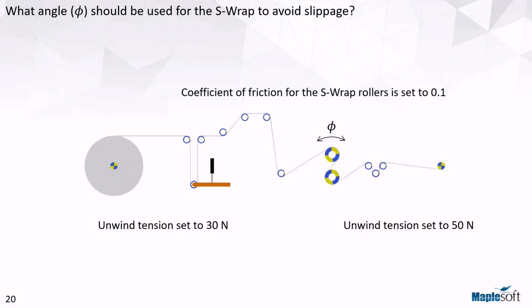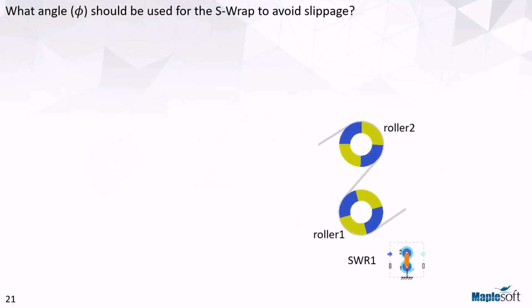So we have set up for the system the unwind zone at 30 newtons and the rewind at 50. Obviously, the tension difference, the wrap angles and the coefficient of friction are some of the prominent factors in whether we're going to have slippage on the SRAP or not. But let's try to use simulation to get us there.